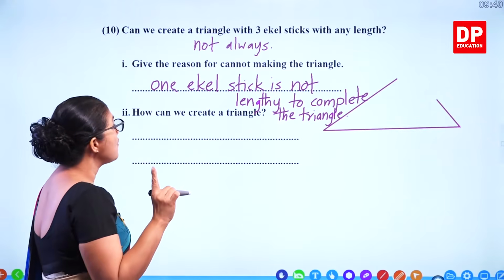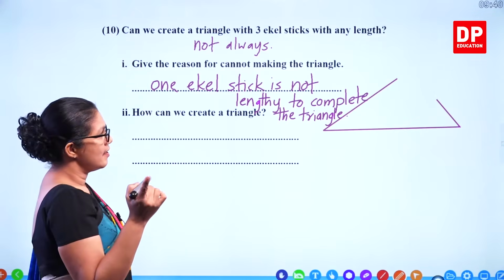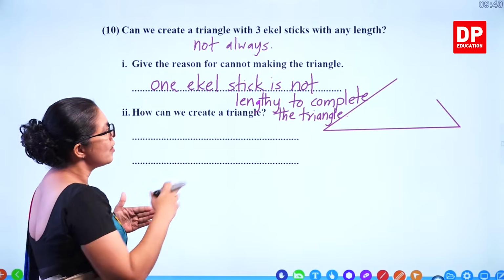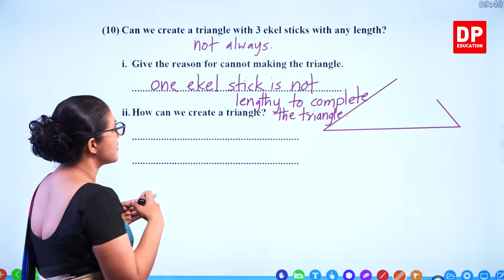Now they ask, how can we create a triangle then? You need to consider the lengths.